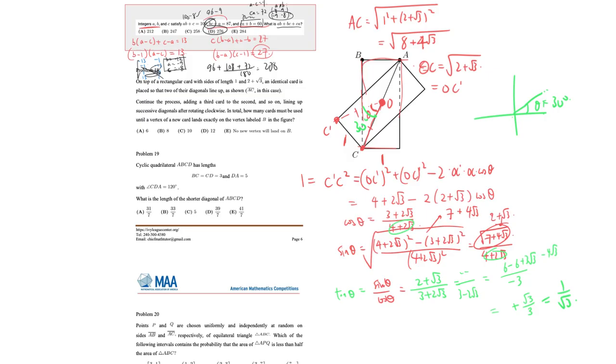And the question is how many cards must be used until a vertex of a new card lands exactly back on B. Well, if you keep rotating like this, the vertex that will end up on B is exactly this point right over here, the one opposite D. And this D takes 180 degrees to get there, so it's A.